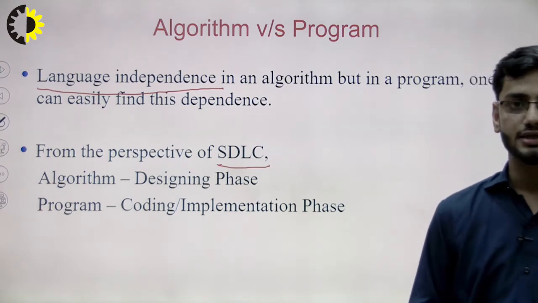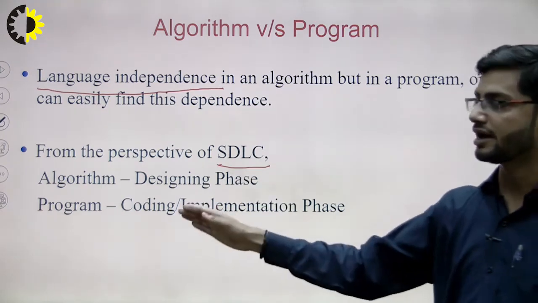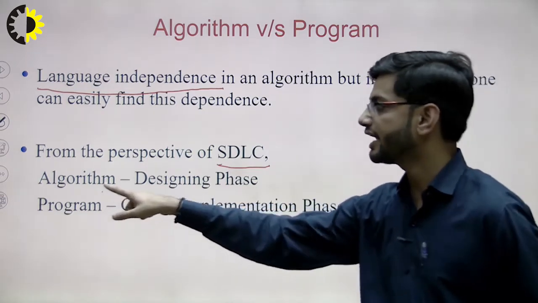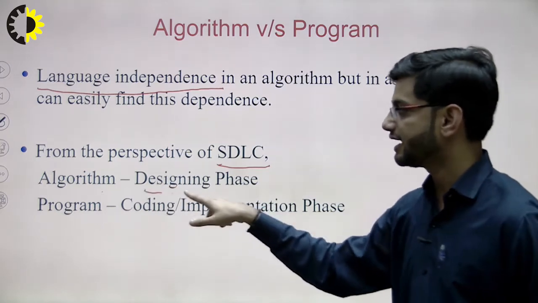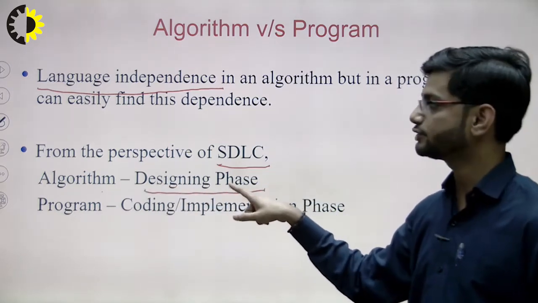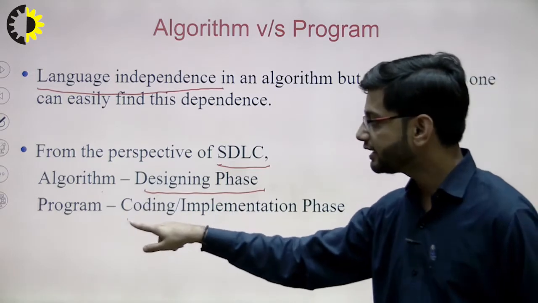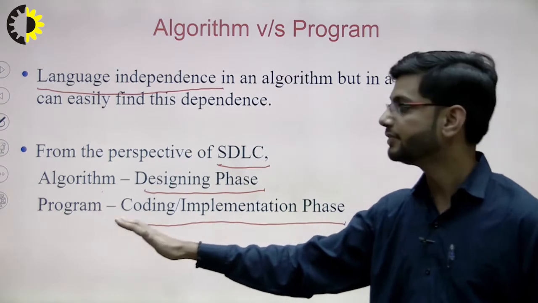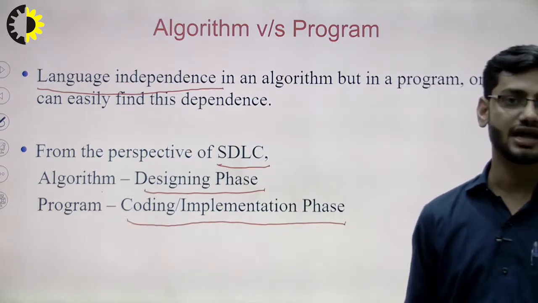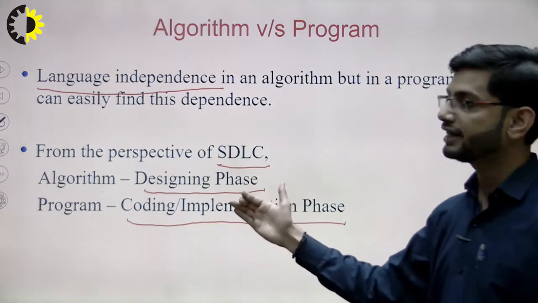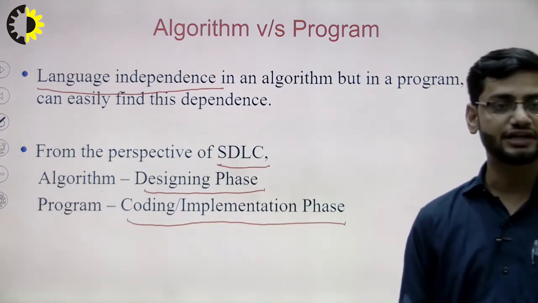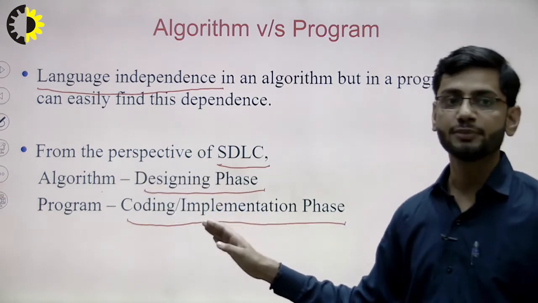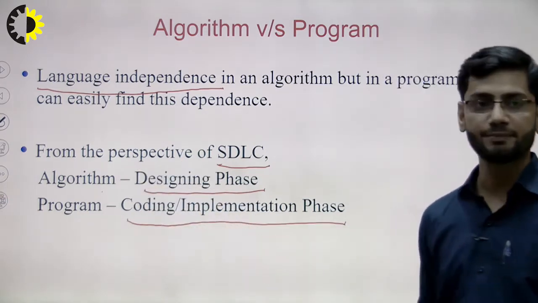If you synchronize the algorithm and programming activity with these phases, you will find that the algorithm can be synchronized with the designing phase. In the designing phase, you will write your algorithm, and in the coding or implementation phase, you will write the particular program using a particular programming language syntax. So this is the second difference from the perspective of SDLC: the algorithm lies in the designing phase and the program lies in the coding or implementation phase.